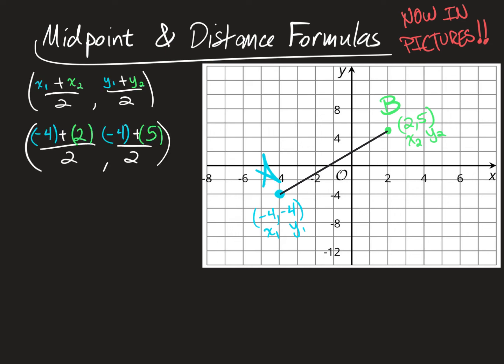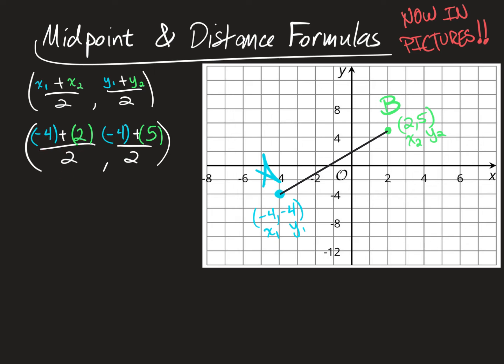So to jump ahead a little bit, I brought the midpoint formula from the last slide here, and then I substituted the values in for x sub 1 and y sub 1 from this point here, and x sub 2, y sub 2 in this point here. Then all we have to do is simplify. Negative 4 plus 2 is negative 2.